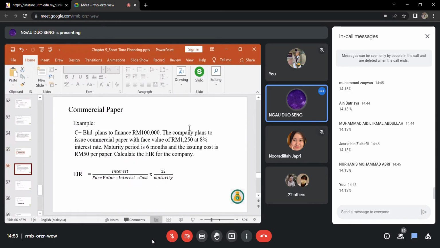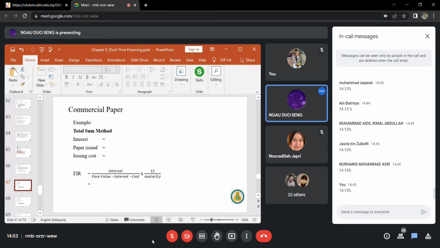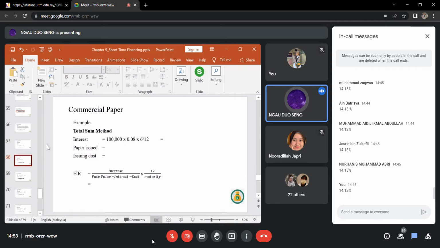So face value adalah 1,250, interest 8% for 6 months. So first thing, if we are using total sum method, kalau total sum method adalah ini, right, 100,000 darab dengan 0.08 interest rate, 6 bulan bahagi dengan 12.